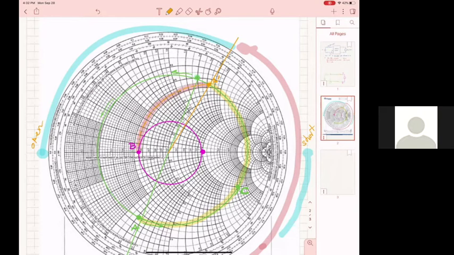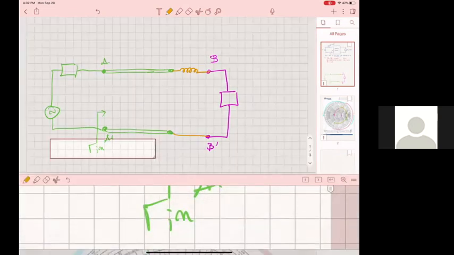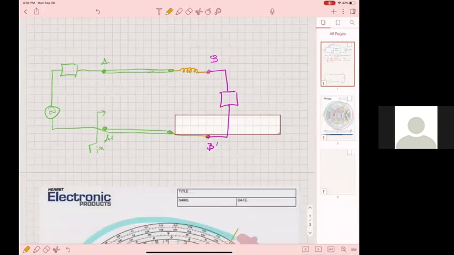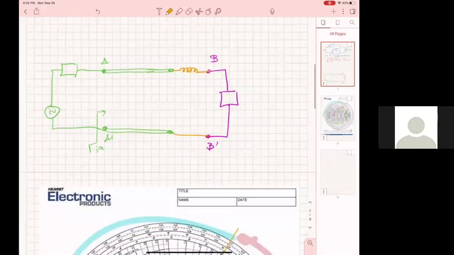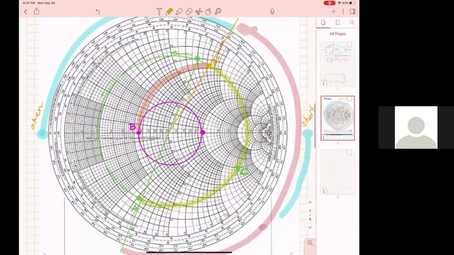Now, which direction you go along the circle, there are two possible directions, counterclockwise or clockwise. Which of the two you select depends on where you start and where you go. If, for example, you start at point A prime and you want to go towards B, then you have to go towards the load. If you start at B on your Smith chart and you want to go towards A, you have to go towards the generator. That tells you which direction to go.